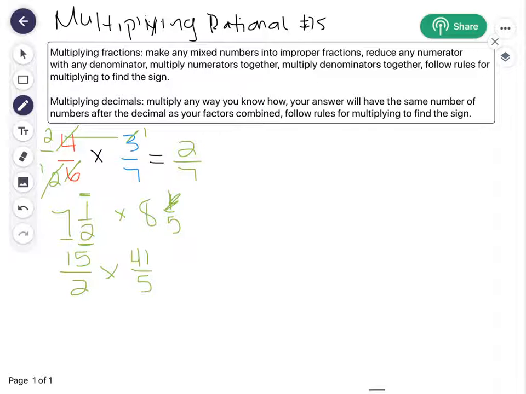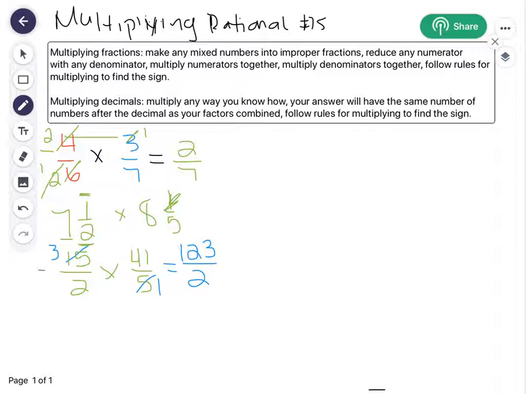So 5 and 15 have a common factor of 5. 15 divided by 5 is 3. 5 divided by 5 is 1. And we get to move on to multiplying the numerators together. 3 times 41, well, 3 times 4 is 12, and 3 times 1 is 3, over 2 times 1 is 2. All right, so pretty straightforward.